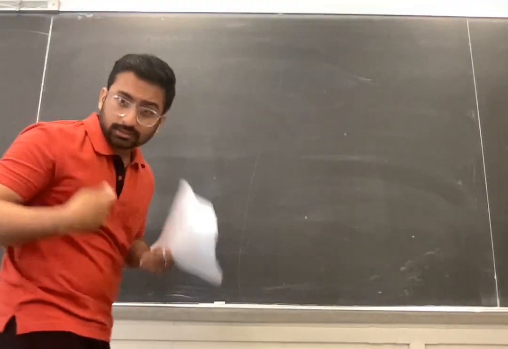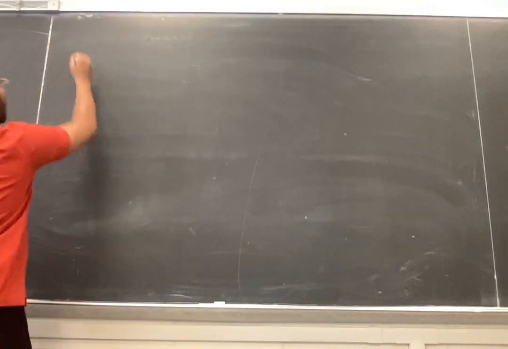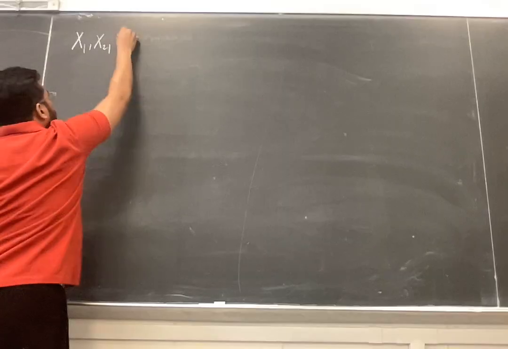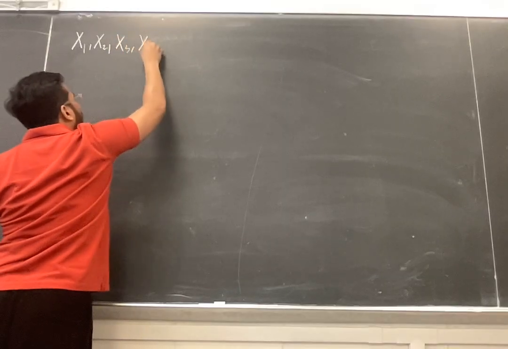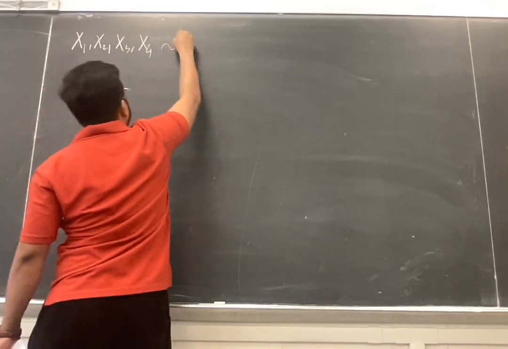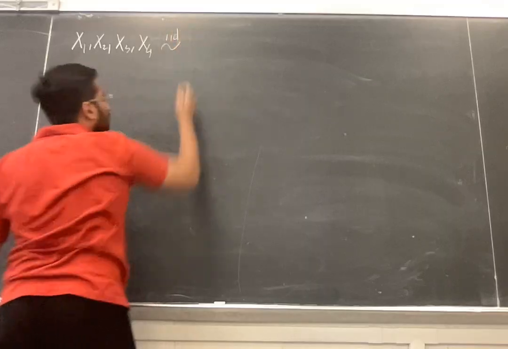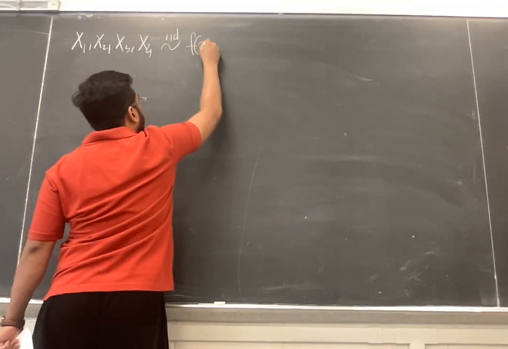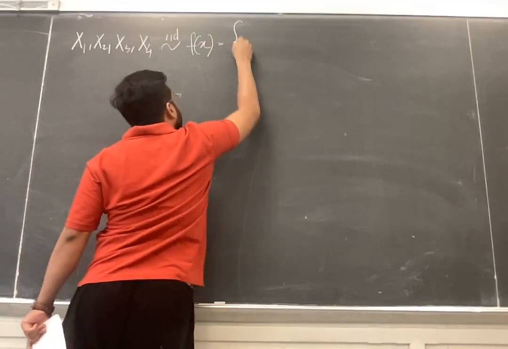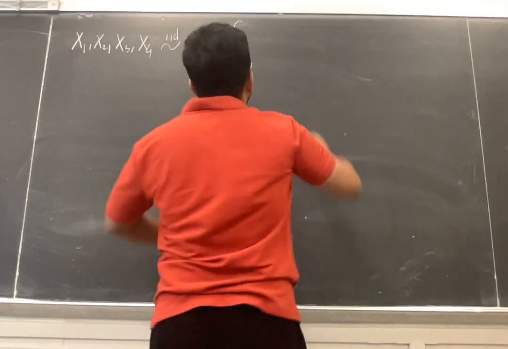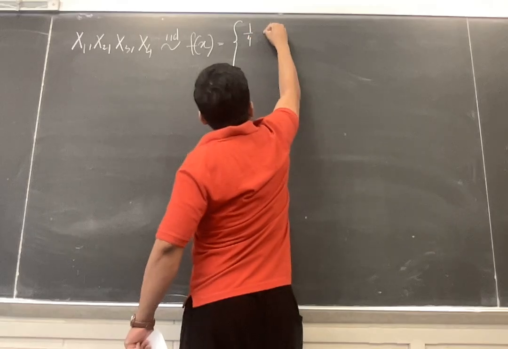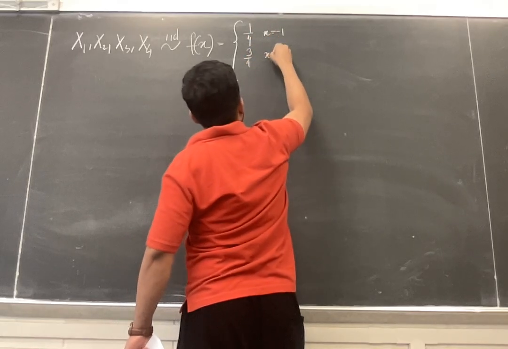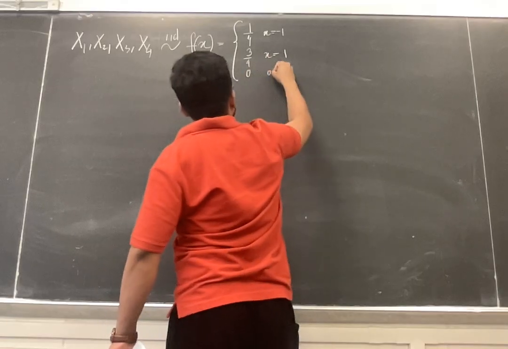So the problem asks the following: if you have x1, x2, x3 and x4 as IID random variables with the density f of x, which is 1/4 if x is equal to -1, 3/4 if x is equal to 1, and 0 otherwise.